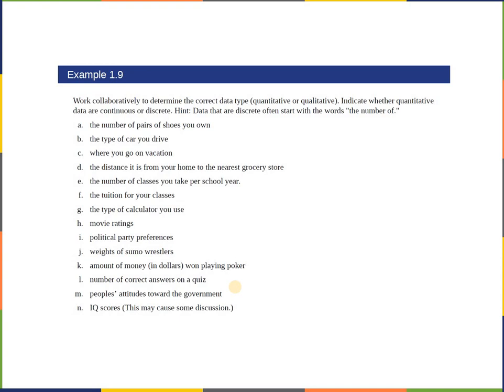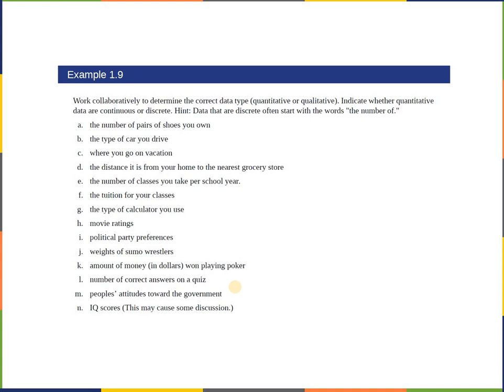So I'm going to go with quantitative, and it is discrete. People's attitude toward the government. They're either satisfied, dissatisfied, they're mad, they're angry, and etc. And those are all qualitative variables because those are basically categories.